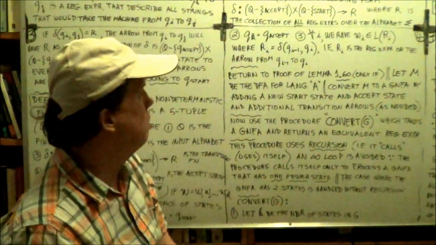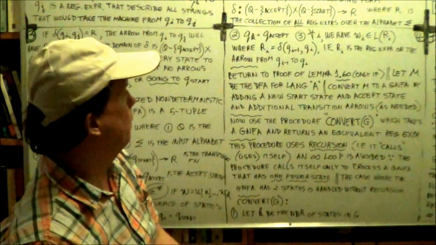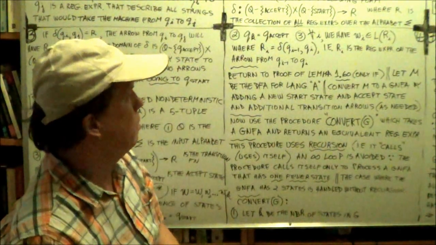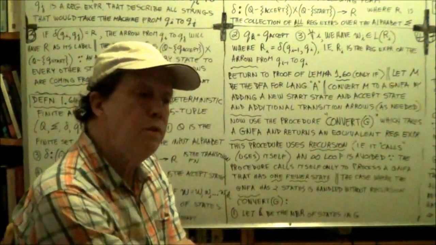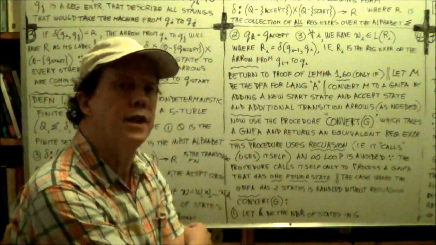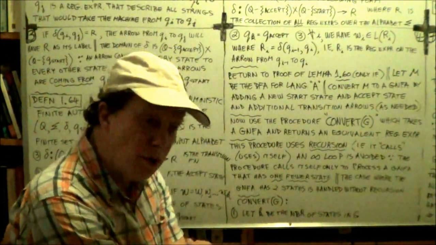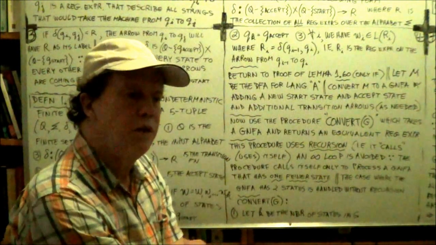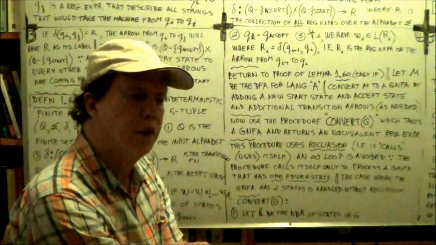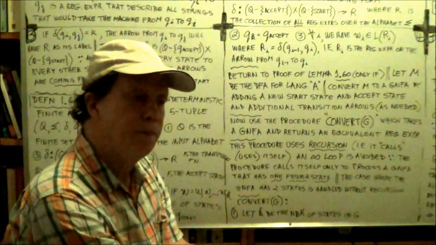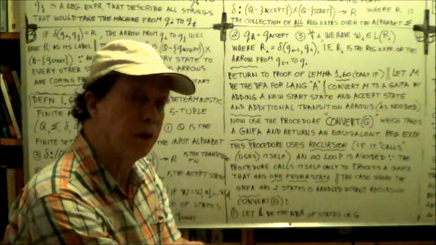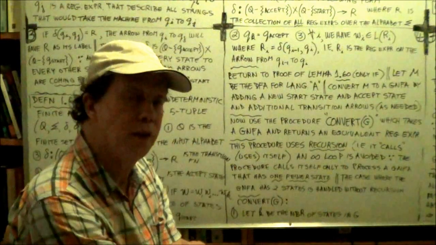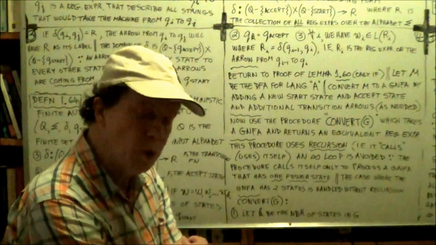And what you do next, so you've now got your GNFA, and you move to the second step. From that GNFA, you want the regular expression that corresponds to that GNFA. Okay, that's step 2.